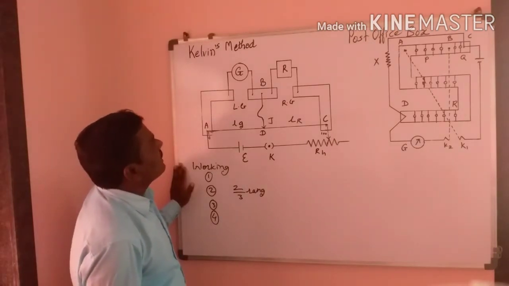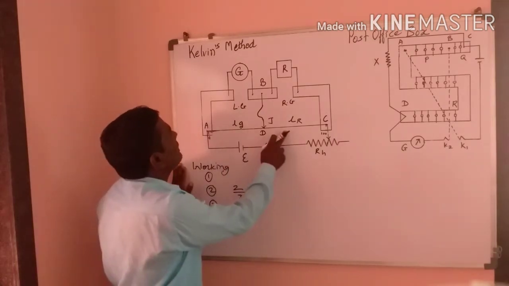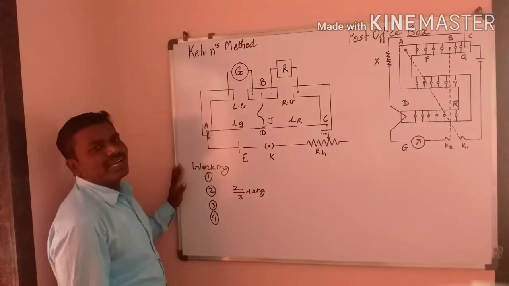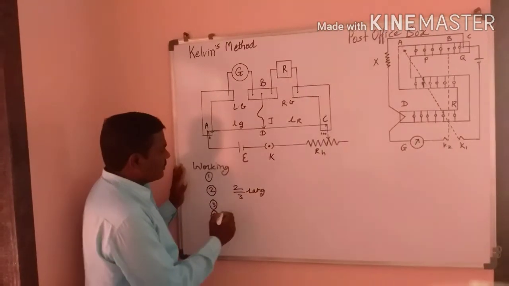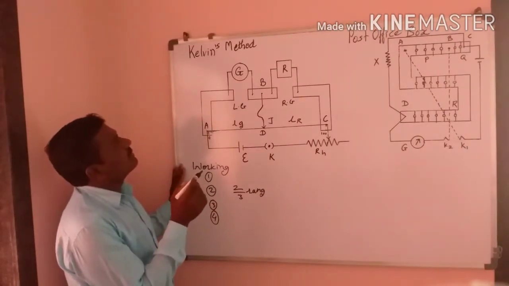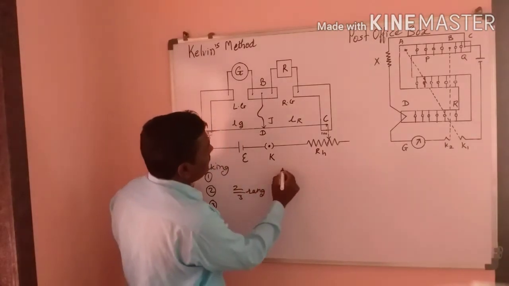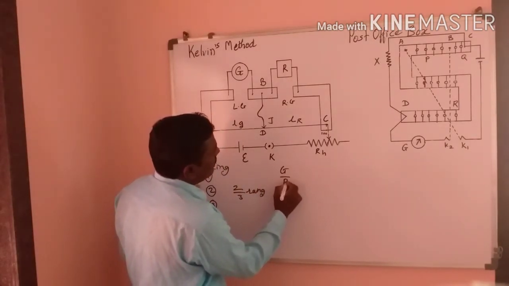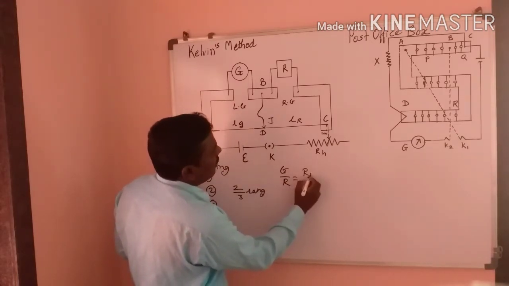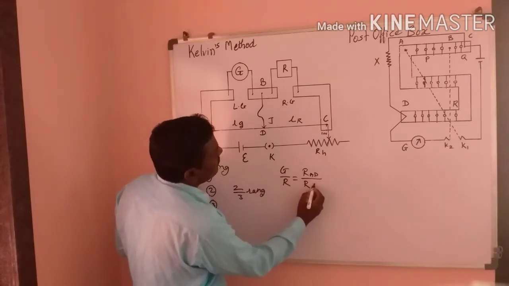When we get a null point on the meter bridge, at that time there is a null deflection in the galvanometer, and according to the Wheatstone bridge condition, we write G upon R is equal to resistance of AD upon resistance of DC.